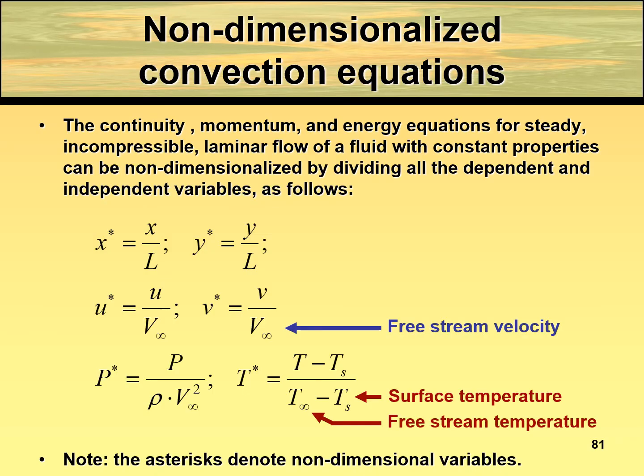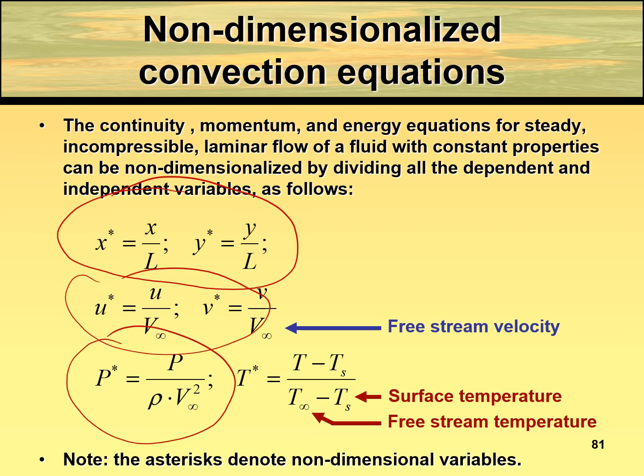This empirical correlation has been developed by using non-dimensional conditions, from the continuity, momentum, and energy equations for steady, incompressible laminar flow of a fluid. They can be non-dimensionalized by dividing the dependent and independent variables, for example the length, the velocity, as well as the pressure and the temperature.